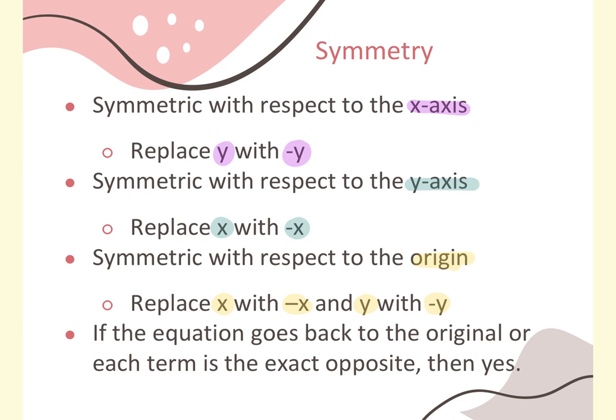And then if at the end of those things, the equation goes back to the original, or each term is the exact opposite, meaning every single term has changed signs on both sides of the equal sign, then my test is successful and it would be a yes, it is symmetric with respect to whichever one I'm testing.